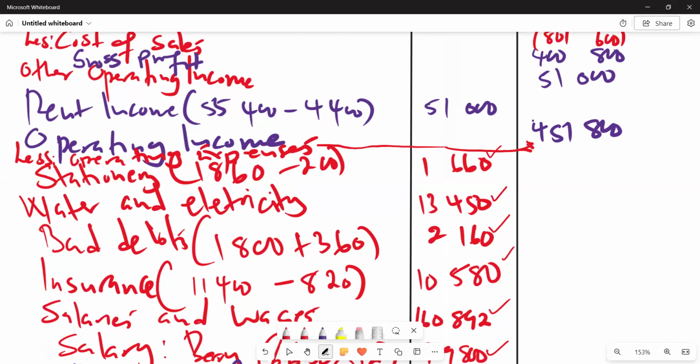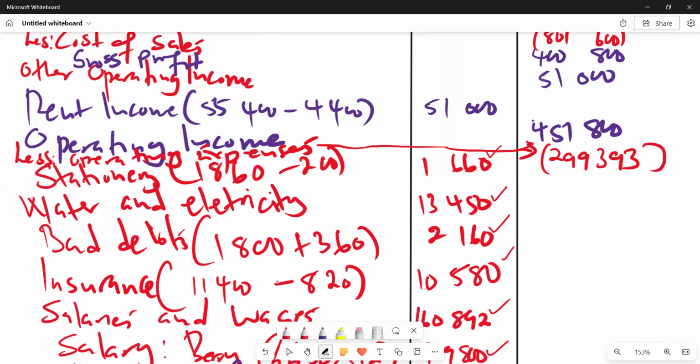And if you add everything that is under our operating expenses, the total that you are supposed to get here is going to be 299,393. And we are saying less, so we are subtracting it from the figure for gross operating income.